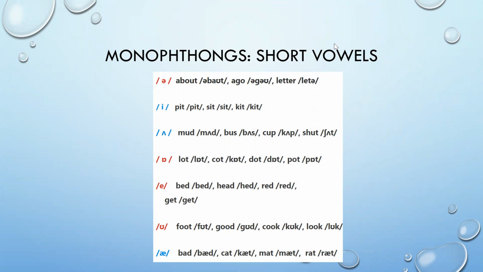Just as we have five vowel alphabets in the English language, we have 12 monophthongs out of 20 vowel sounds in IPA. IPA stands for International Phonetic Alphabet. So today we are going to do monophthongs.